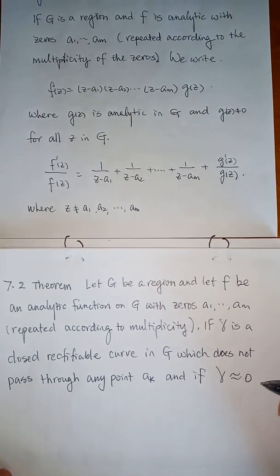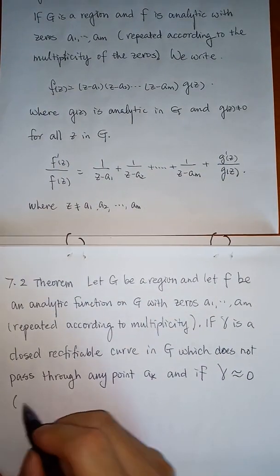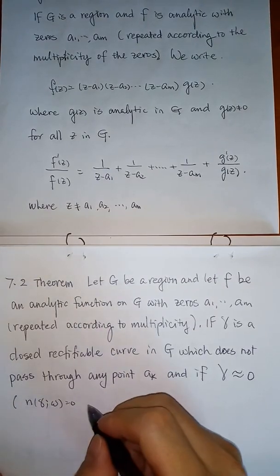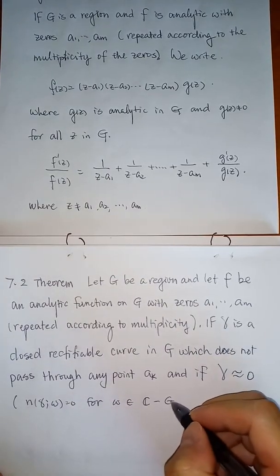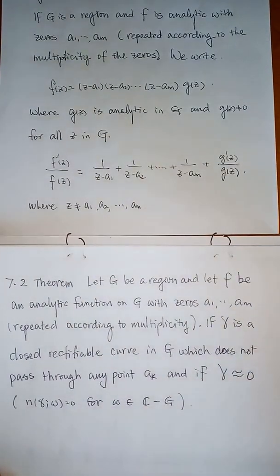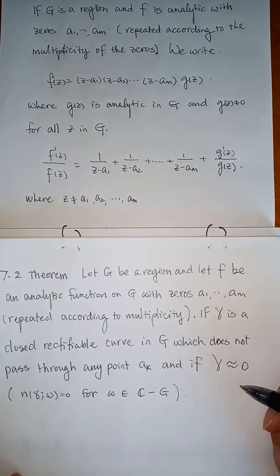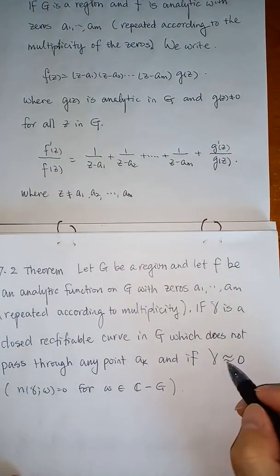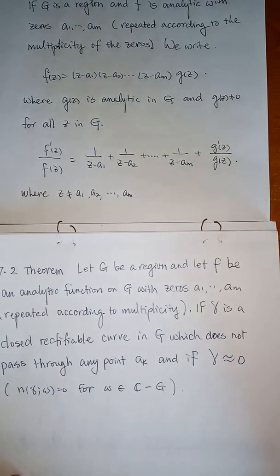Homologous to 0, remember what is homologous to 0? It means the winding number of gamma with respect to w is always 0 for all w in C minus G. We introduced this concept in the last lecture. So we can ignore this long expression, but just say homologous.